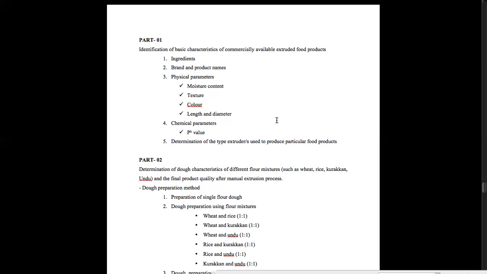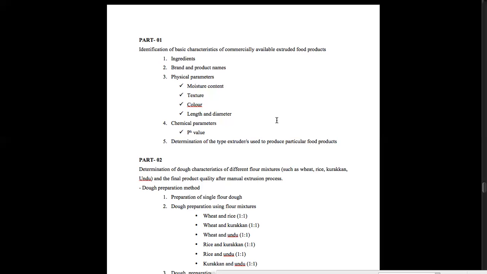Since you have gone through the lecture, you can imagine the extruder which has been used to develop a product, right? When you select a food product available in the market, you should be able to determine the type of extruder, and whether it is a high moisture or low moisture raw material. You should have the knowledge to determine such parameters.